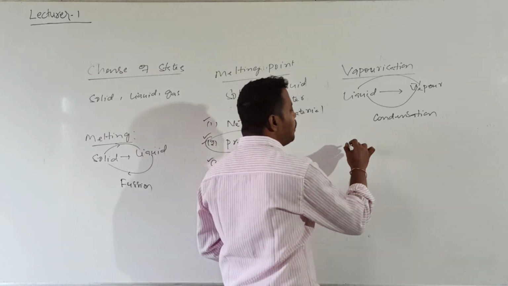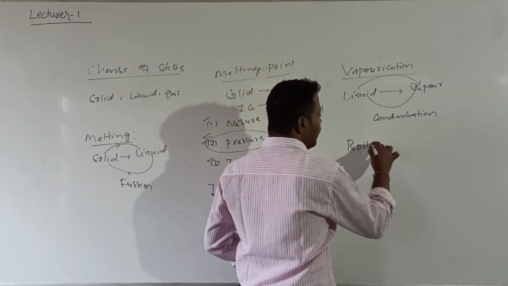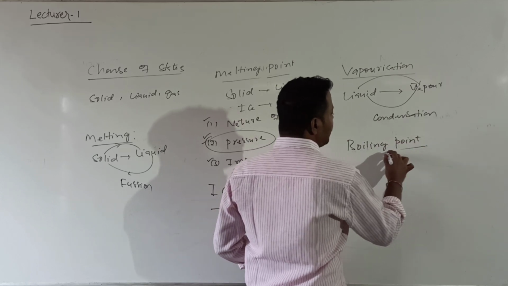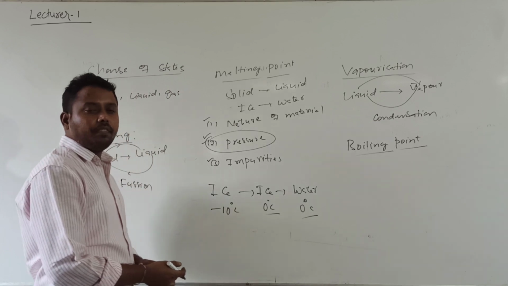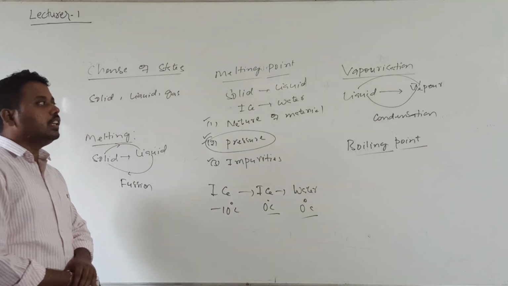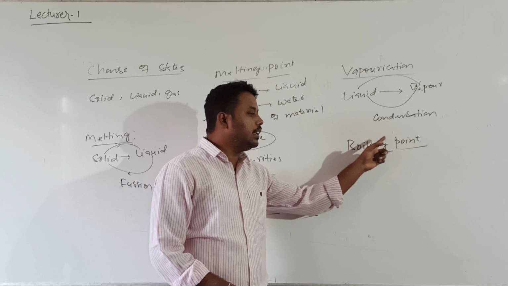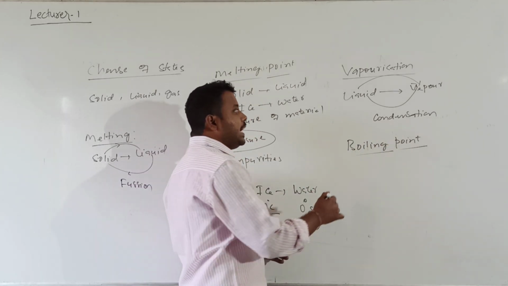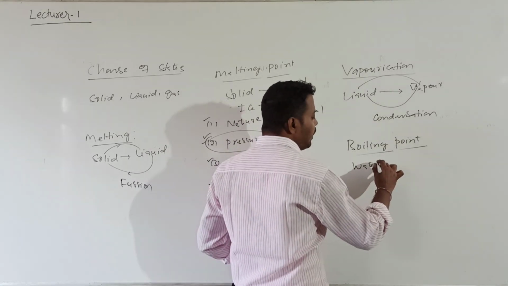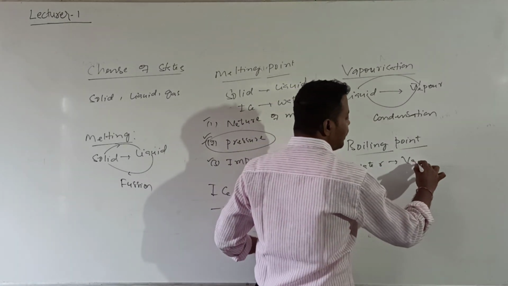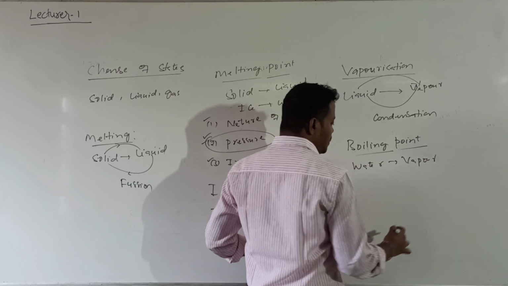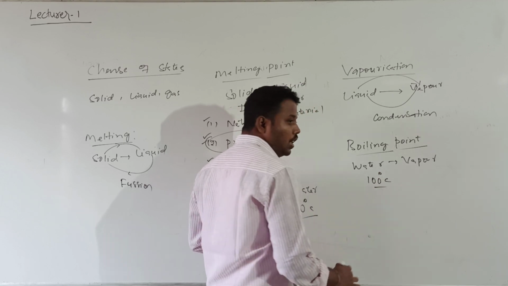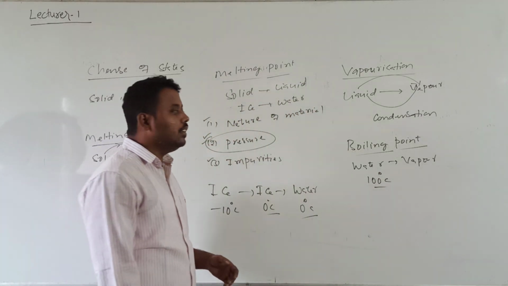So what is the meaning of boiling point? The constant temperature at which the liquid is converted into vapor is called the boiling point temperature. If I take the example of water and vapor: first when you supply heat, when the water temperature reaches 100 degrees and you are still supplying heat, what happens?